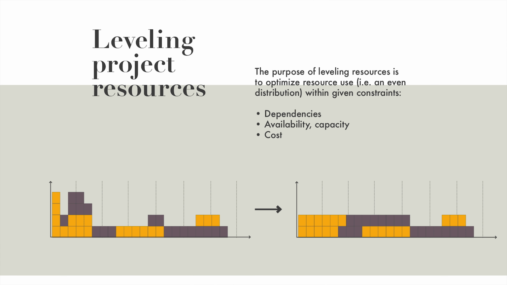The purpose of this is to achieve an even distribution of load on the resources, simply because it's often more effective to have a person working with an even load rather than peak loading him or her from time to time. However, this must be done given certain constraints, such as the dependencies between different activities, the availability and capacity of the specific resource, and cost.